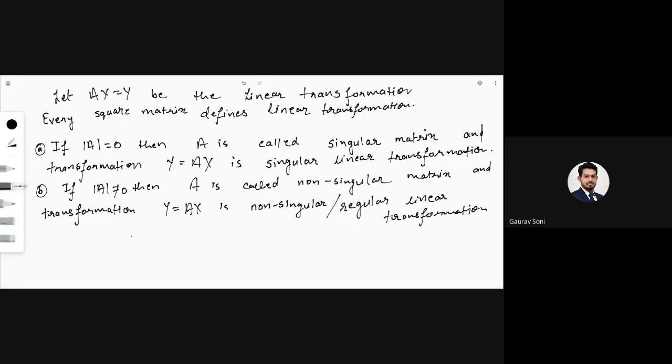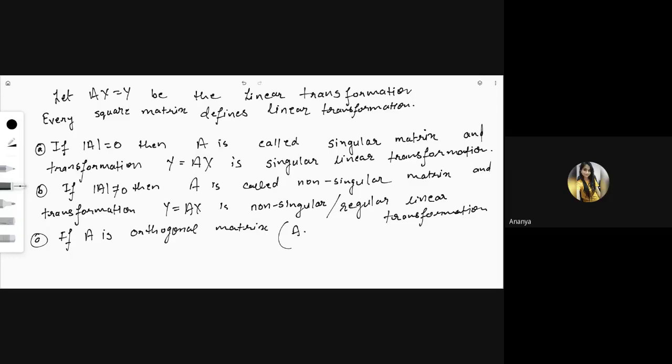And the third one is if A is an orthogonal matrix. In the bracket, I'll write down the definition for orthogonal matrix. What is an orthogonal matrix? Anyone?